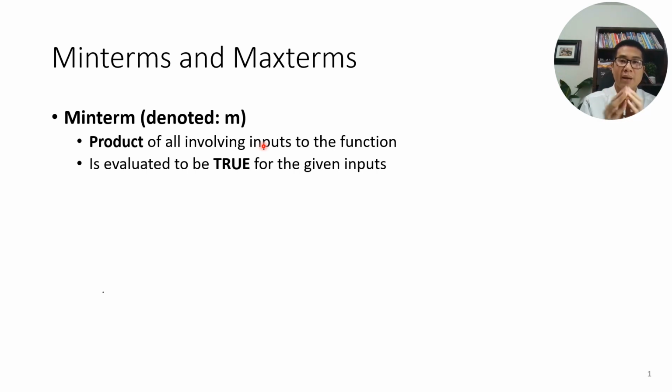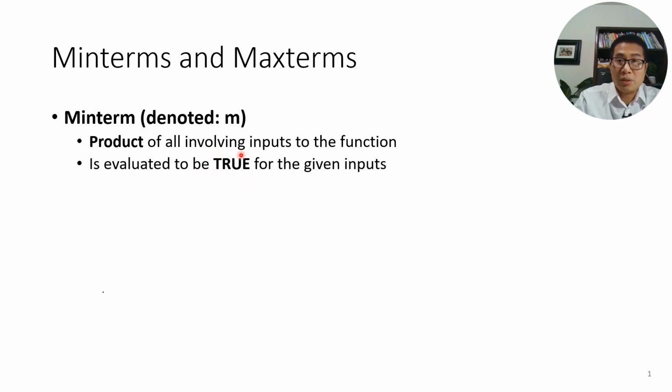Then that min term has to involve all of those inputs A, B, C. A has to appear there, whether as A or its negative version, or B or its negative version, or C or its negative version.